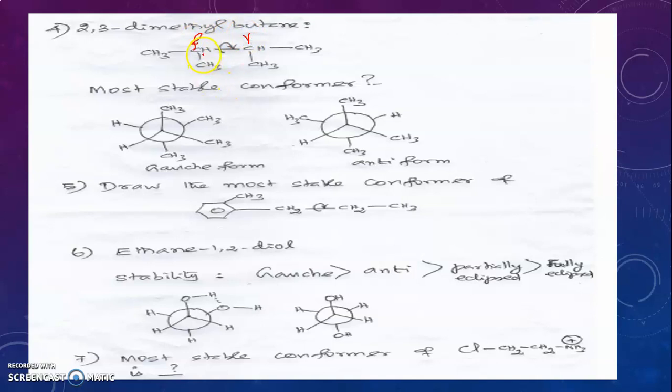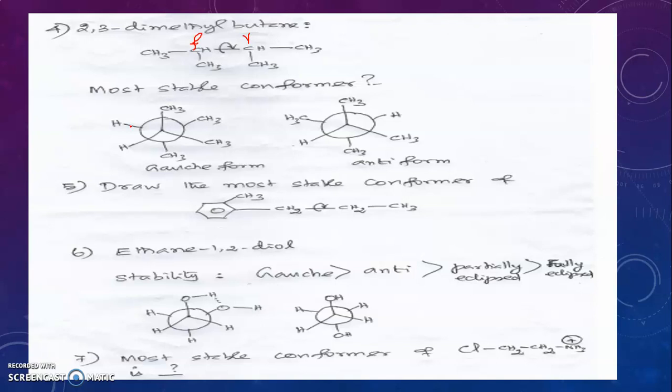In the front carbon, we have one hydrogen and 2 methyl groups. Similarly, in the rear carbon also, we have one hydrogen and 2 methyl groups. And we know that in general the staggered conformations give the most stable conformation.